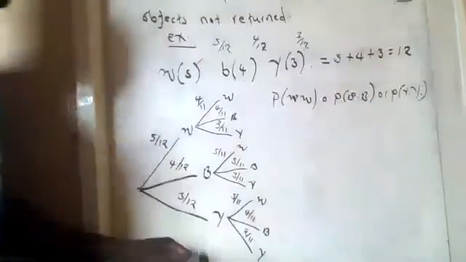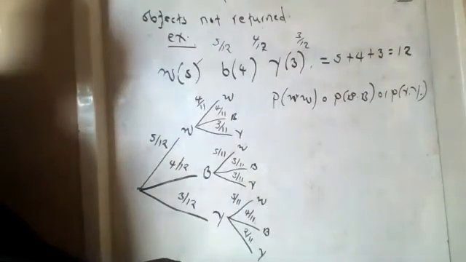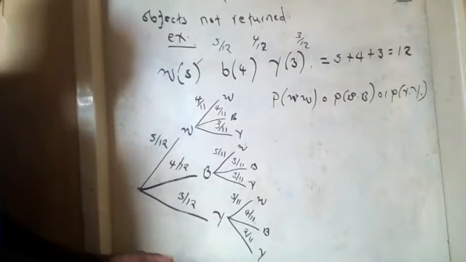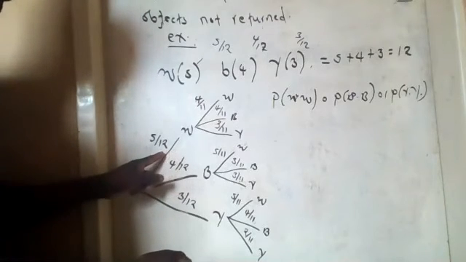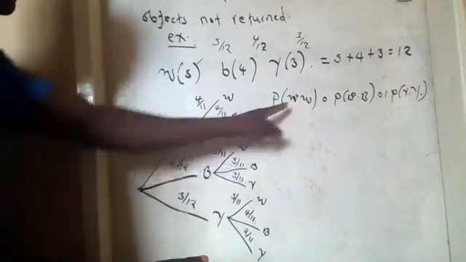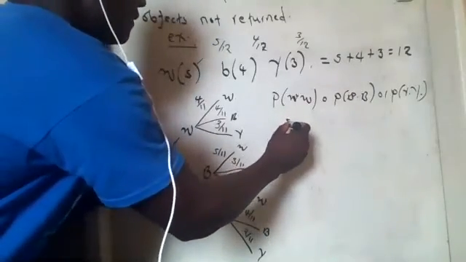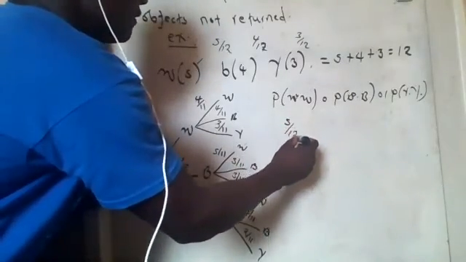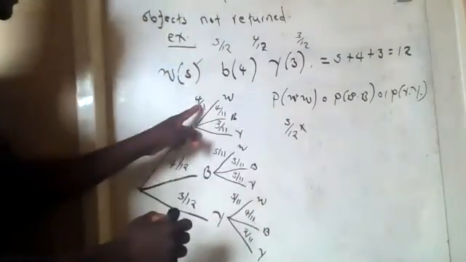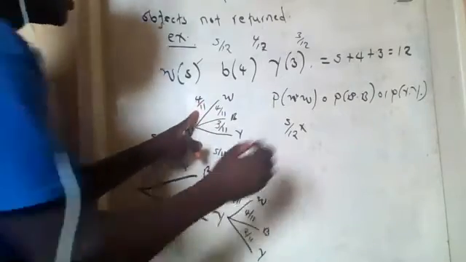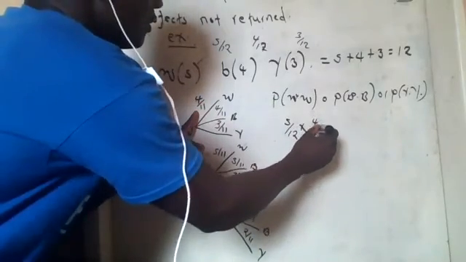That's what it means, because they are the same color. Then we start fusing in. So we'll say white is 5/12 multiplied by the other white on the white branch, which is 4/11.